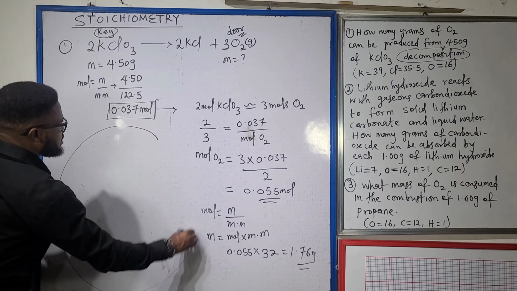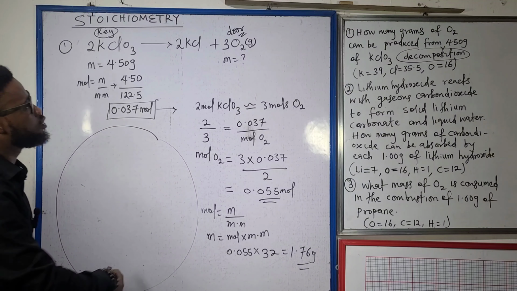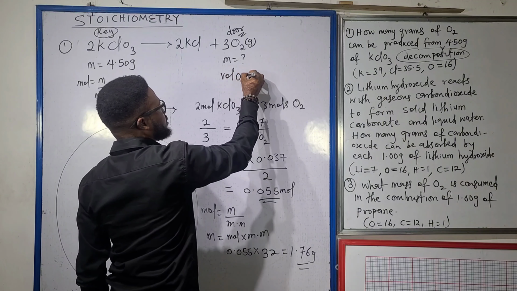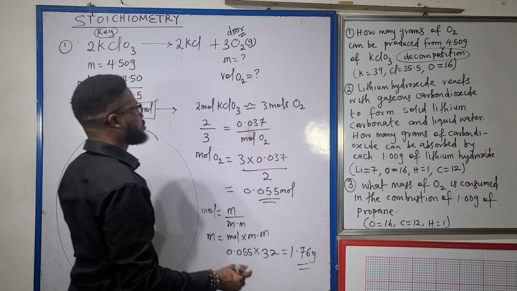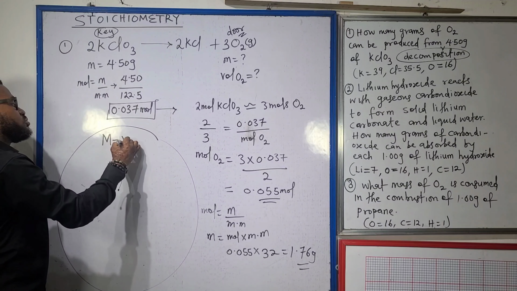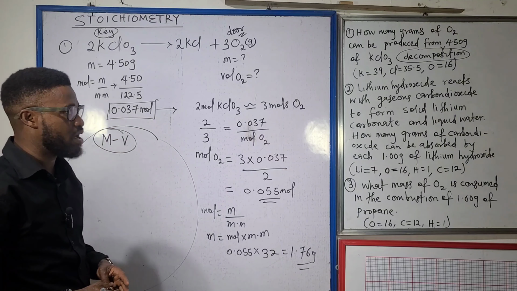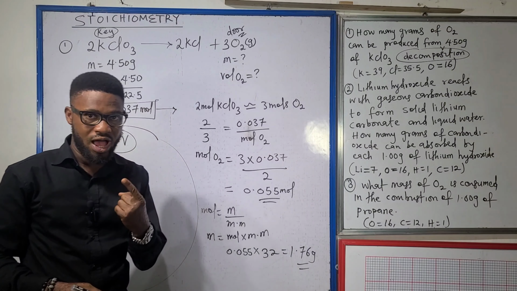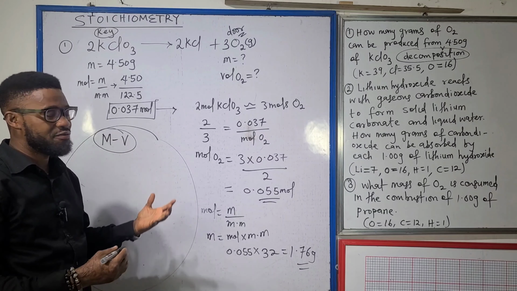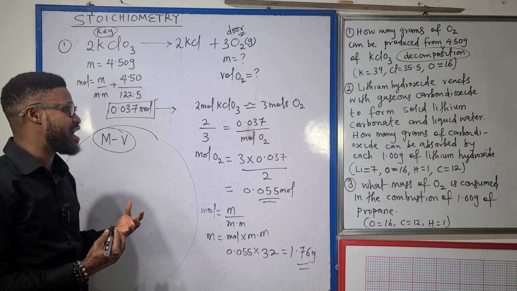Let us imagine that in this question, we were told to calculate the volume of oxygen produced. It is very simple. Recall that I talked about the mass-volume relationship in the last lecture on stoichiometry 1, where I talked about key concepts and made reference to many formulas that we use under stoichiometry.